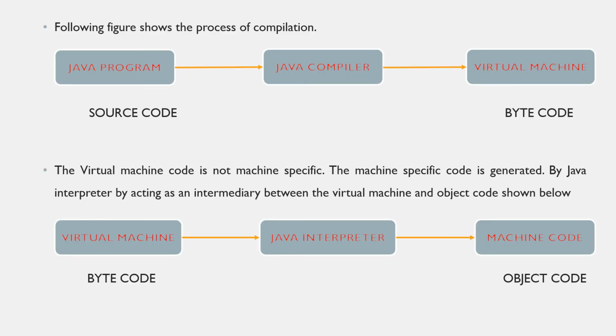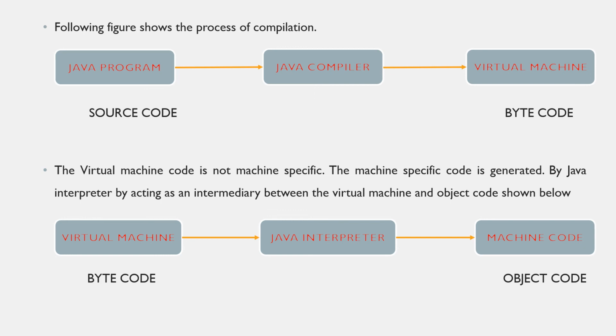These are the diagrammatic representations of the process of compilation and also the process of the interpreter. The first diagram is the Java program, which is source code that is converted to bytecode format, like virtual machine instructions, by a translator we call the Java compiler. Here, the Java virtual machine code is not machine specific.